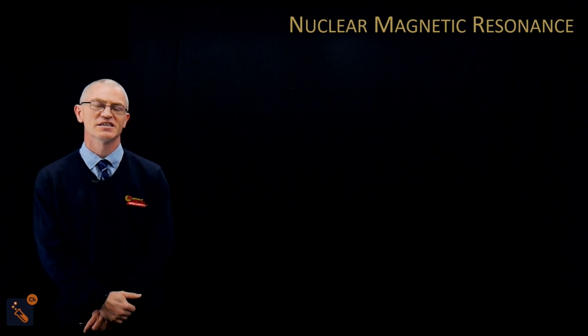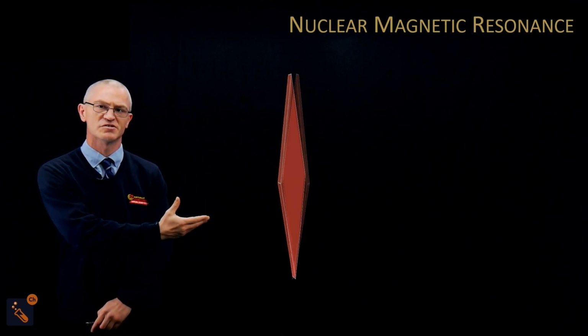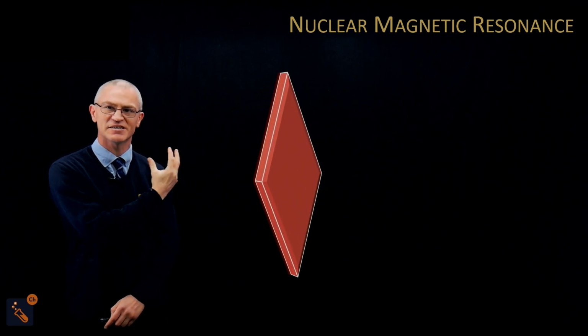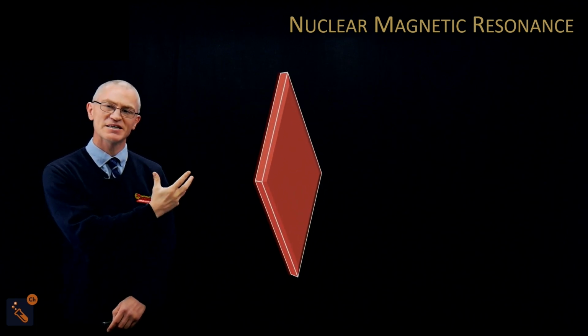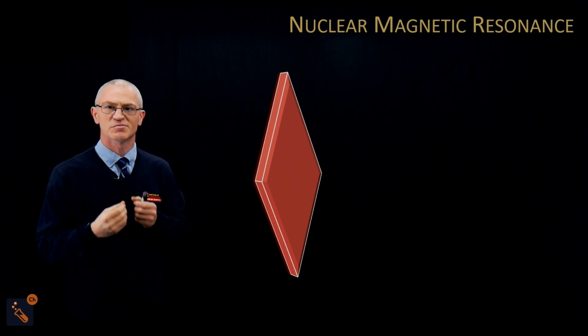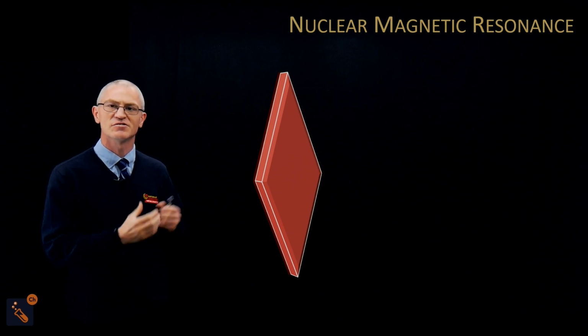We're going to represent the nuclei of an atom just as this rhombus, because it helps you see that it spins. And you can see the spinning that happens now. That spinning has to be what's known as a half spin, so for example, a half, 1.5, 2.5, for it to be seen in nuclear magnetic resonance.